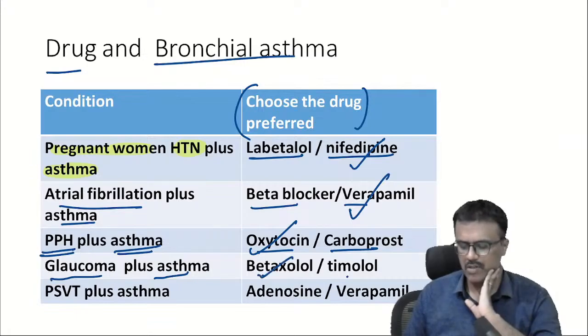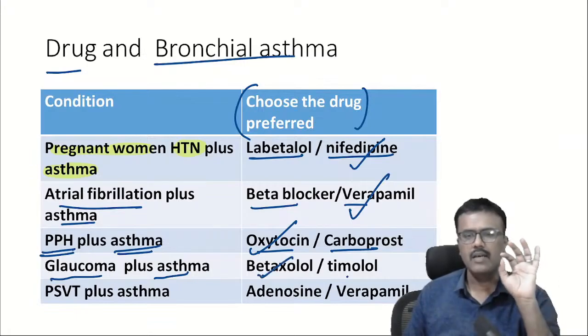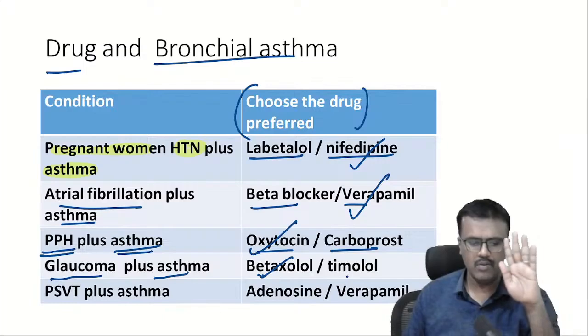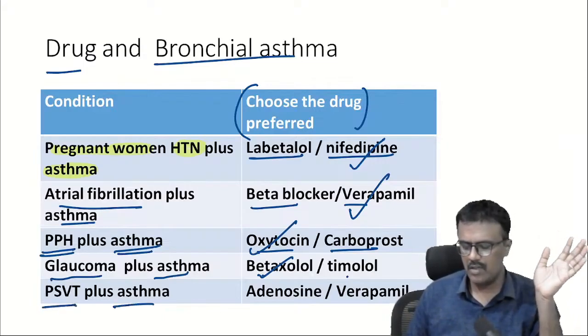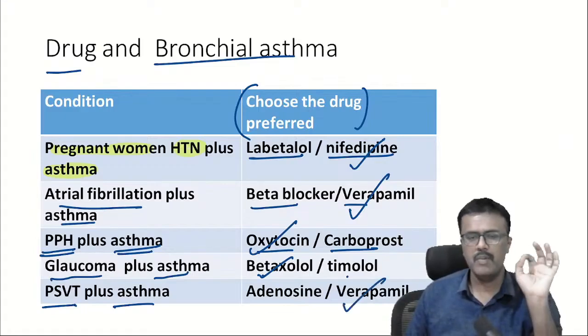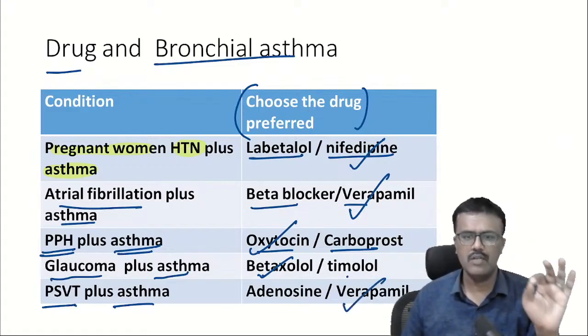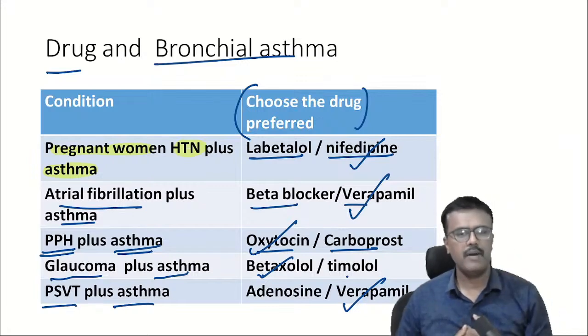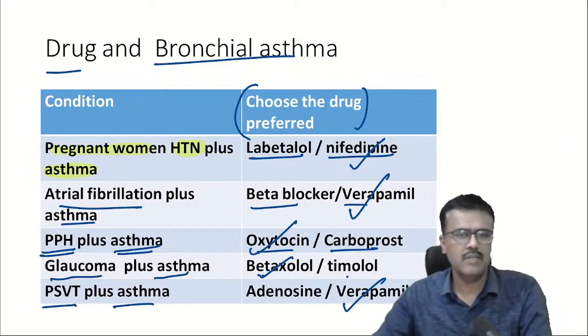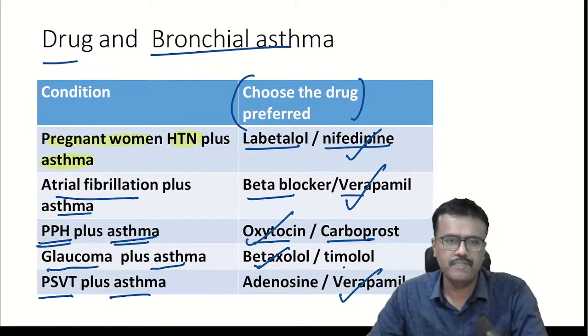I will give betaxolol. Timolol is a non-selective beta blocker. I don't want to give. PSVT and asthma, will you give adenosine or verapamil? I'll give verapamil. Why not adenosine? Because adenosine is a bronchoconstrictor. So you check any years of paper, these types of questions have appeared a lot.